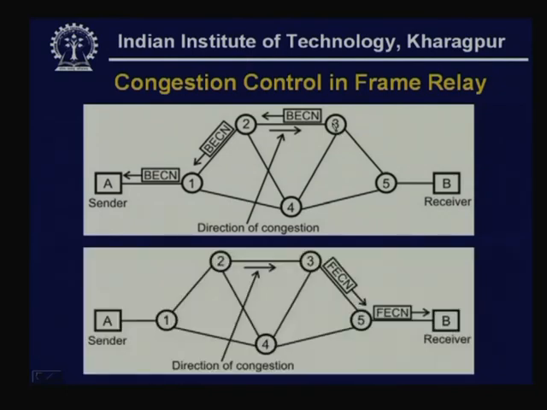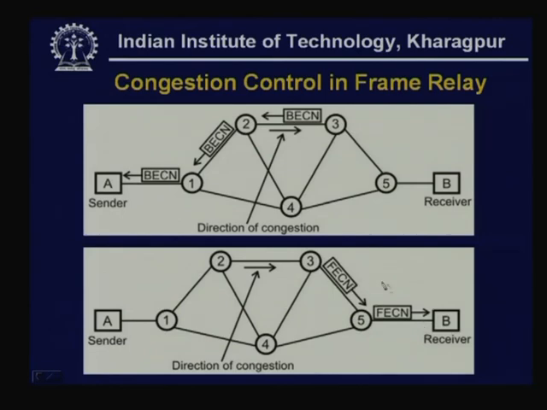Then comes the FECN bit. Here you see there is this forward explicit congestion notification. This bit is used to inform the receiver. Whenever there is congestion in this part of the network, this bit is set, and the receiver is informed.